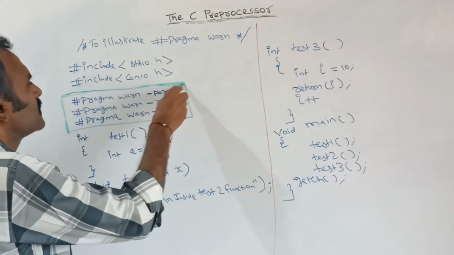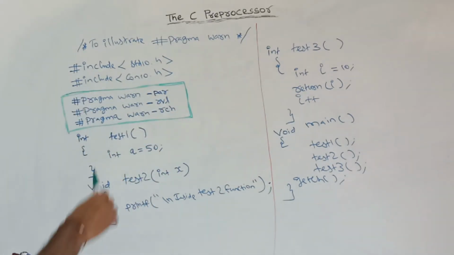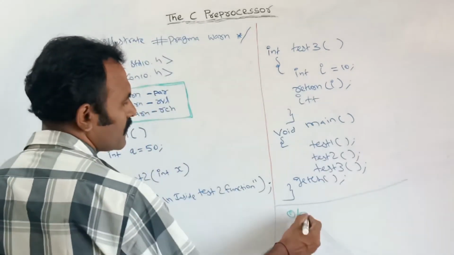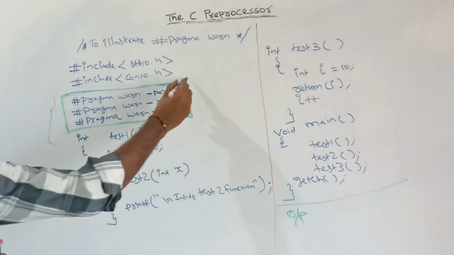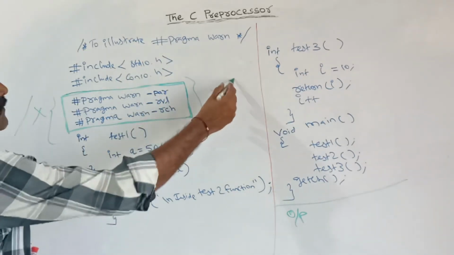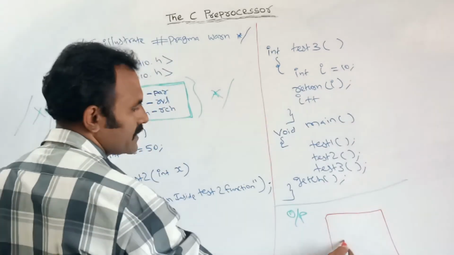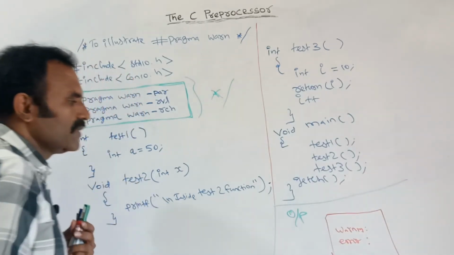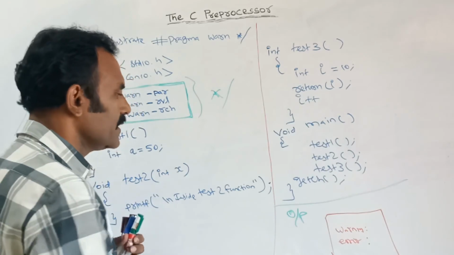So at the very first, run the code without these 3 statements, without this pragma directive. If you compile this program without these 3 lines, at compilation time, the pop-up window will show the total errors and total warnings reported by the compiler.